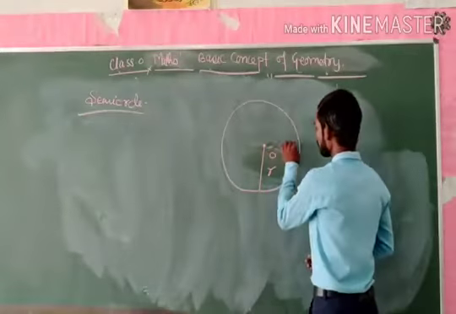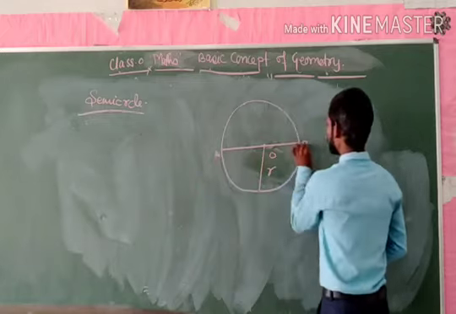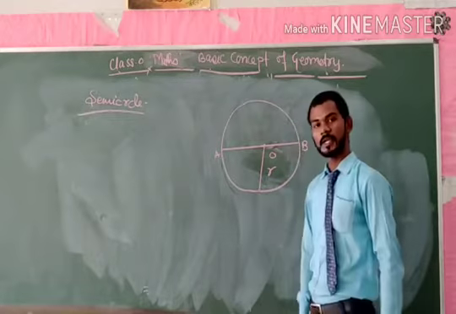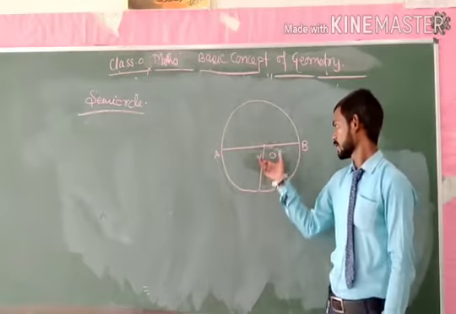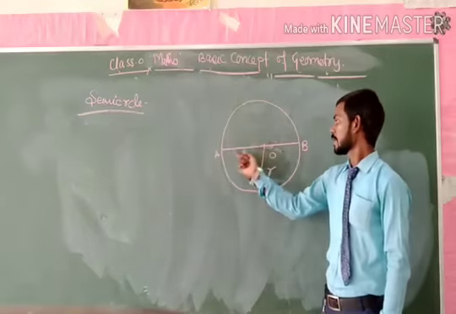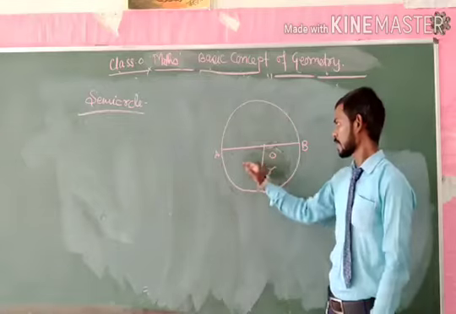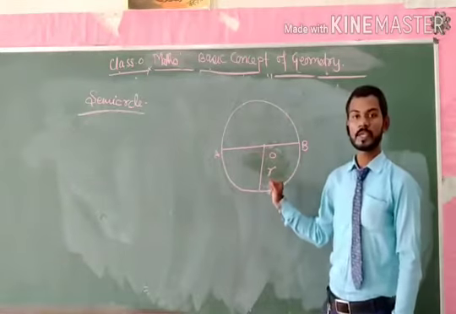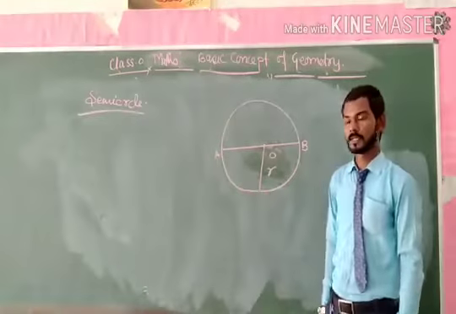So we draw AB. The line segment AB passes through the center, so it is the largest chord of the circle, or we can say that AB is the diameter of the circle. After drawing this diameter, we can see that the circle has been divided into two parts.